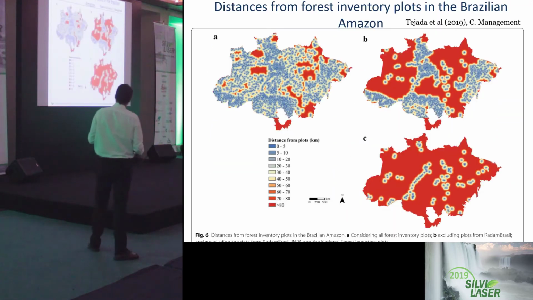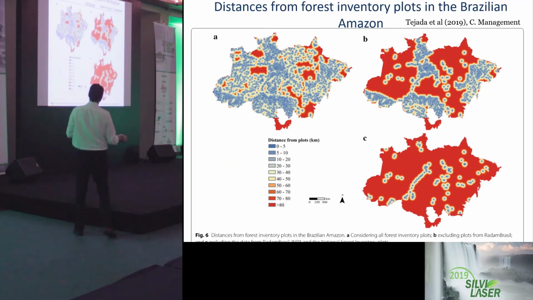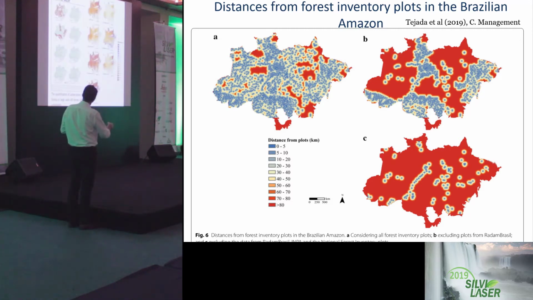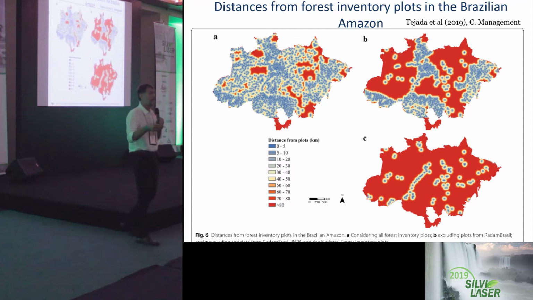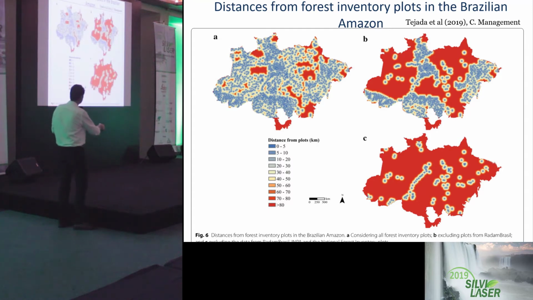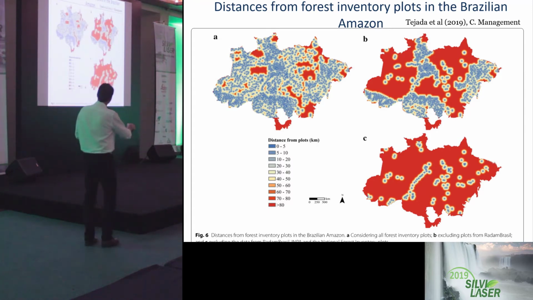Then another exercise she did: she took all the databases here into a single map, and we see what the distance is between different sampling plots in the region. Just to remind, we're talking about a 3.5 million square kilometer region, so it's a very broad region.